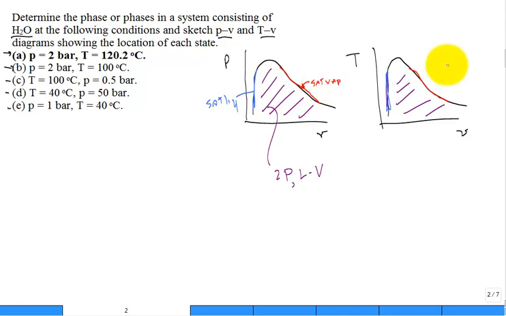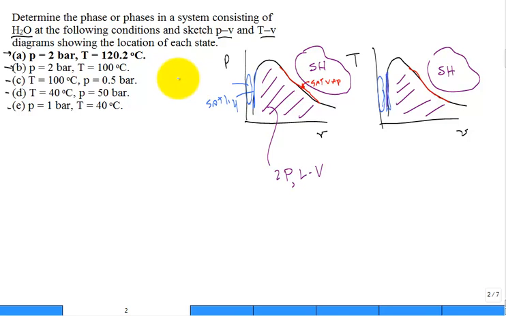Well, what about out in this region, which is off to the right? These are superheated. This is all superheated steam, superheated vapor. And then what about this region over here, closer to the axis? These are all liquid states.